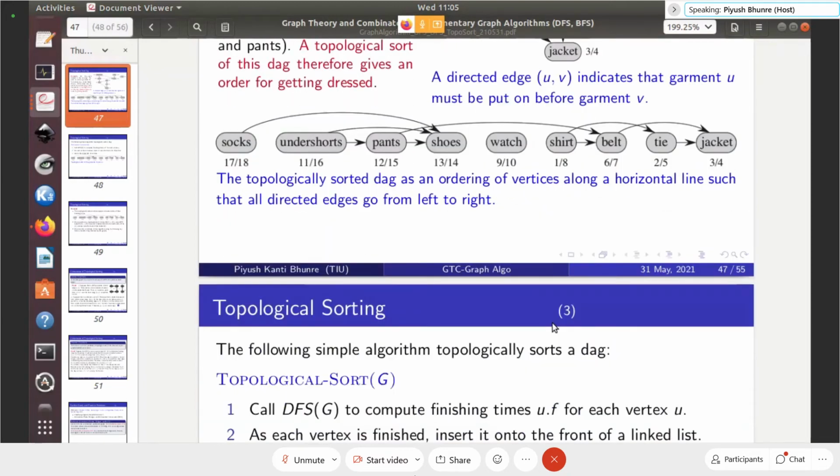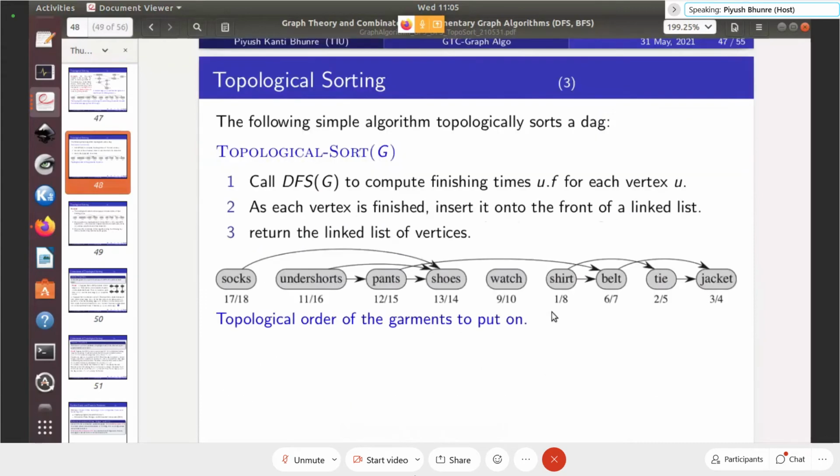So in order to solve that and find the topological ordering, basically we do a depth first search on the graph. Okay, so that will give every vertex a finish time f. For every vertex u, u.f is the finish time, and the vertex which is finished first has the minimum finish time, right?